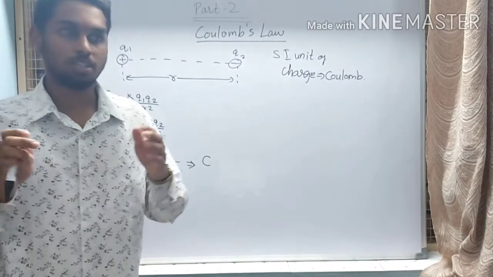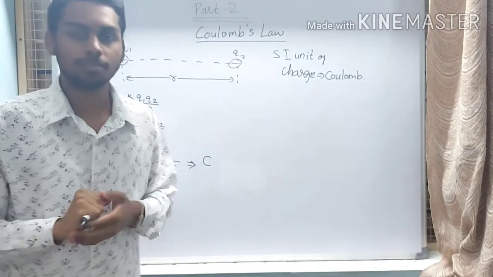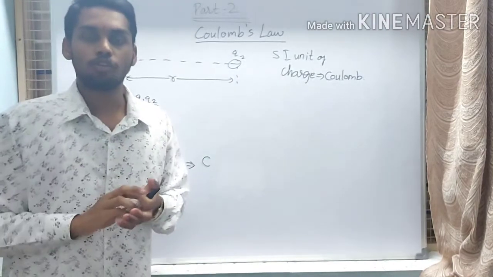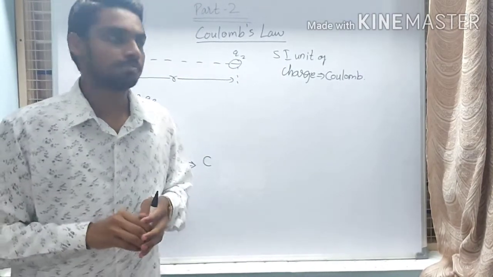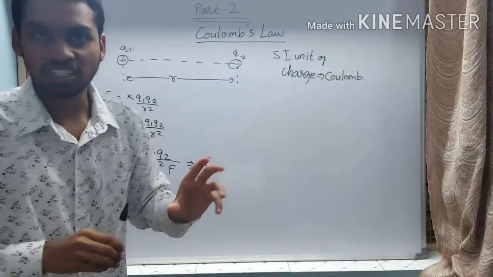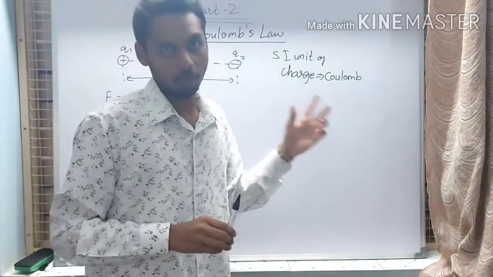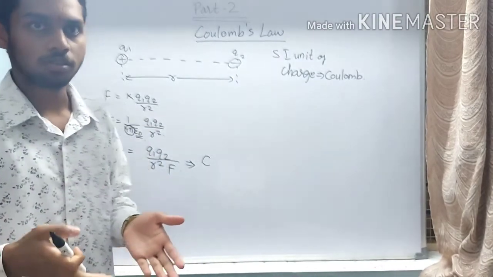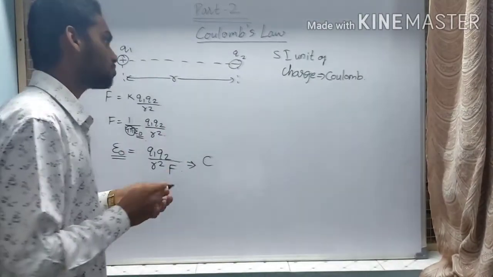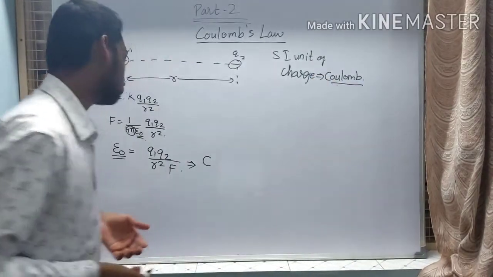If I want to measure a length, I measure it in meters. If I want to measure a mass, I measure it in kilograms. In the same way, if we are measuring charge, we measure it in Coulomb: 1 Coulomb, 2 Coulomb, 1 nanocoulomb, 1 microcoulomb, 1 picocoulomb, in this way. So the SI unit of charge is the Coulomb.